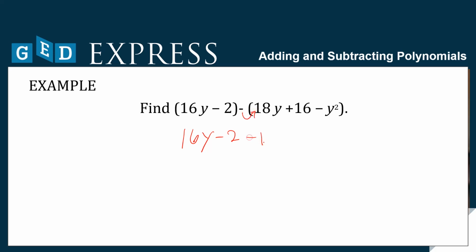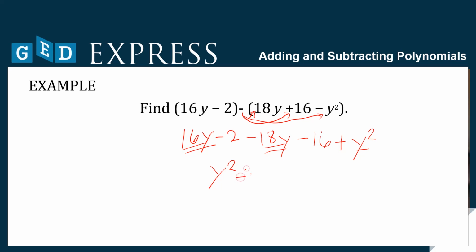So we have minus 18y. Then here we have minus 16. Then we have plus y to the power of 2. Now combining like terms. Okay, let's start with y to the power of 2. Then 16y and minus 18y, they are like terms, so we can combine them.